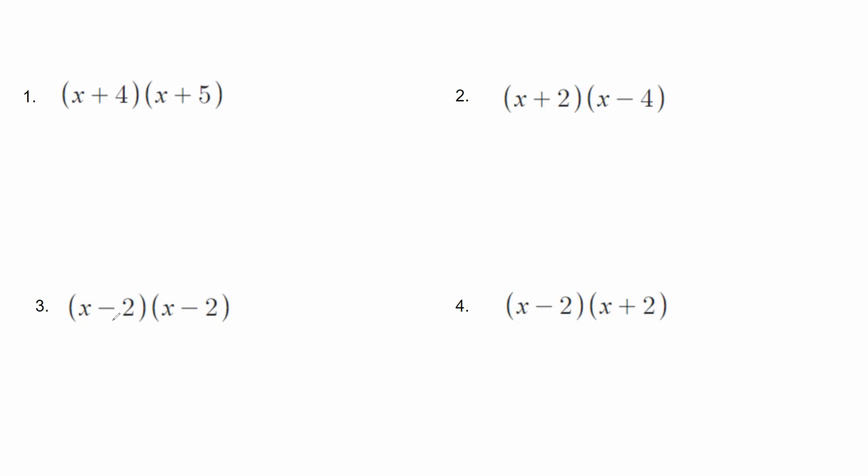In the third one, we have 2 negative signs, or it's both subtraction. And in the final one, we have a subtraction and addition, but the numbers that are being added and subtracted are the same. That creates a special kind of answer.